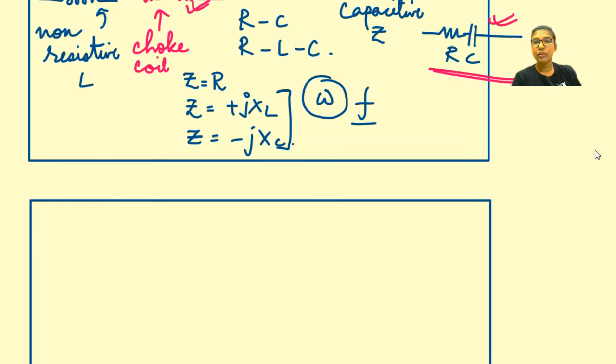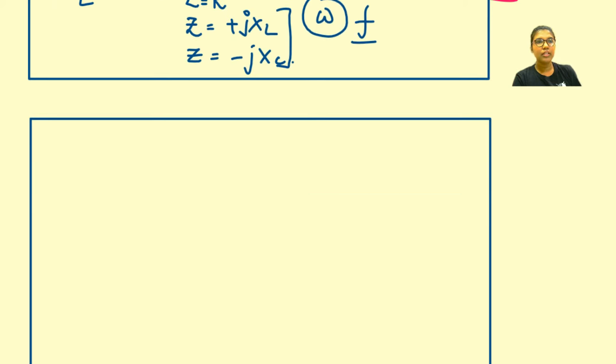Now let us solve a couple of questions before we can move ahead to RL and RC circuits. Alright. So the first question is, given an AC circuit, it comprises of a pure resistor.